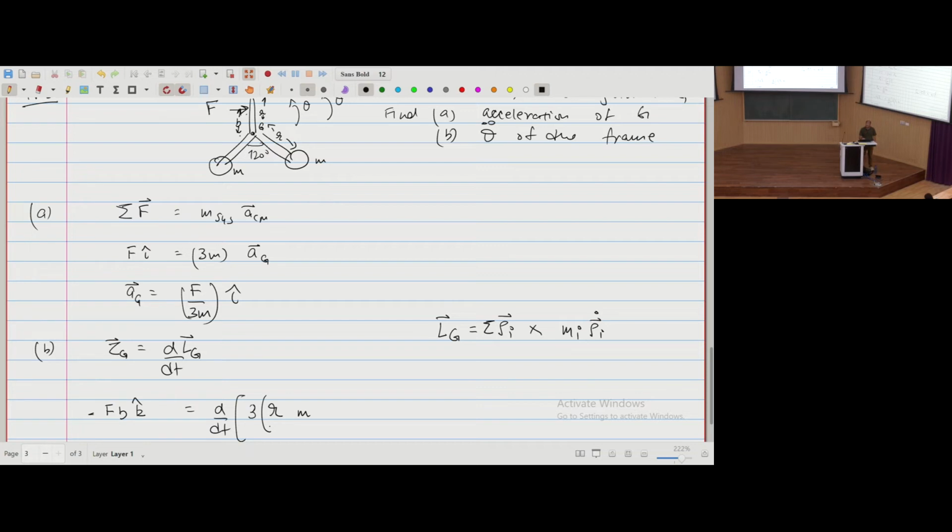So for one particle, what is rho i dot? R theta dot, right?